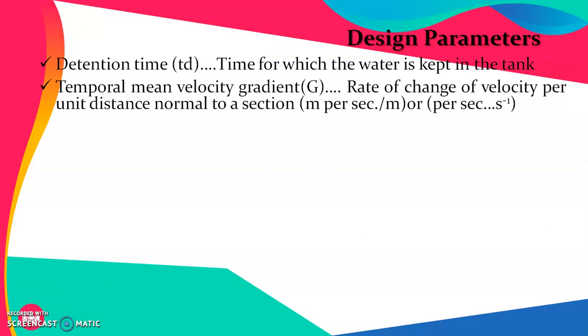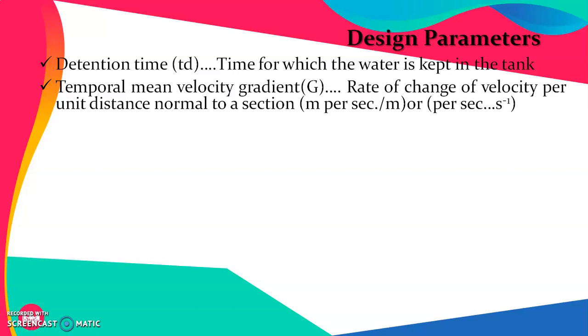Second is the temporal mean velocity gradient, or simply the mean velocity gradient. It is the rate of change of velocity per unit distance normal to a section. Generally, because of the rotation, a certain amount of velocity gradient is achieved, which helps the mixing of the coagulant in the raw water.